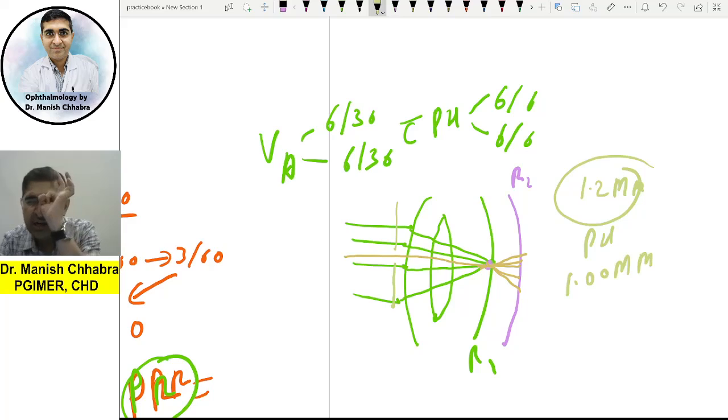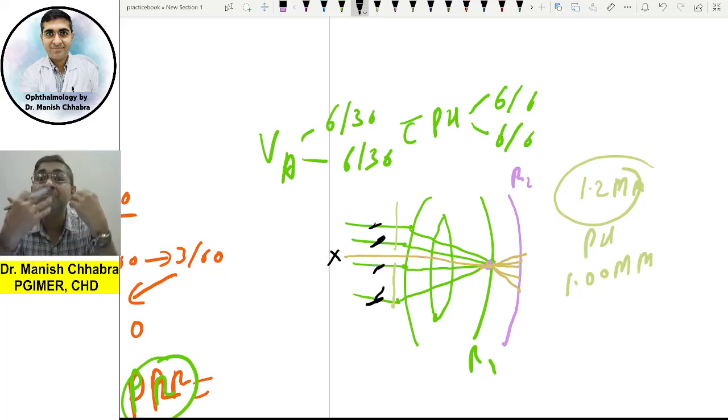Because the diameter is very small, it cuts off the peripheral light rays, as a result of which it will allow only the central light ray to pass through it, and there will not be any interference from the peripheral light rays. As a result, the patient's visual acuity will improve.